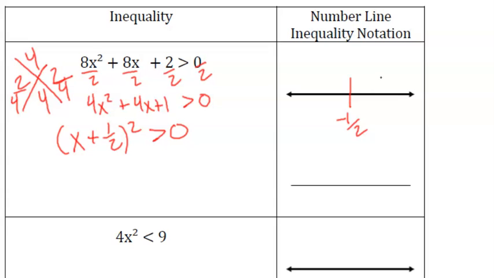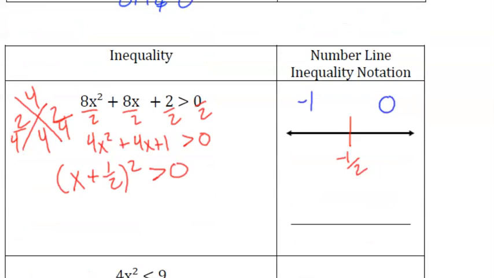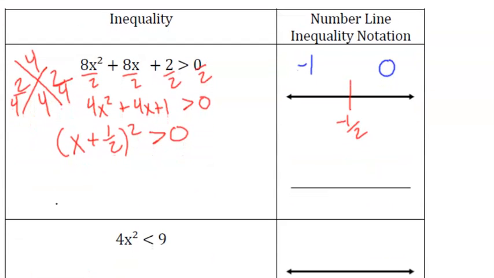Let's check two numbers. Let's do 0 and negative 1, just like before. So let's check negative 1. So negative 1, 4 times negative 1 squared plus 4 times negative 1 plus 1, is that greater than 0?